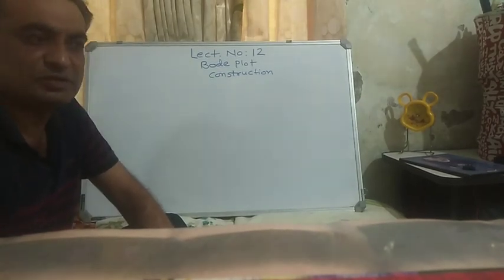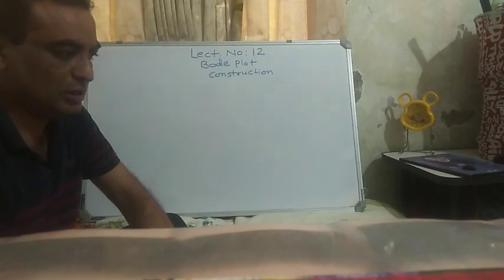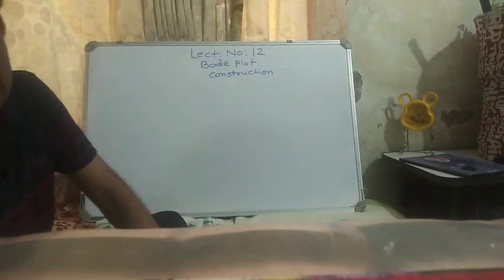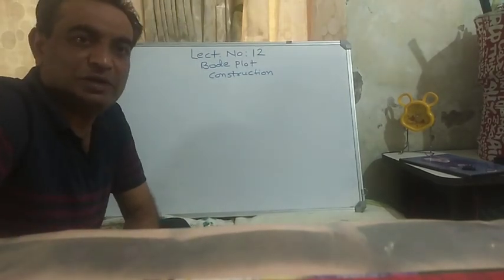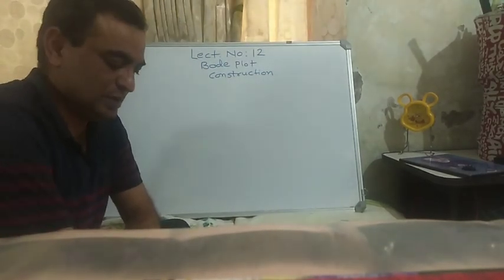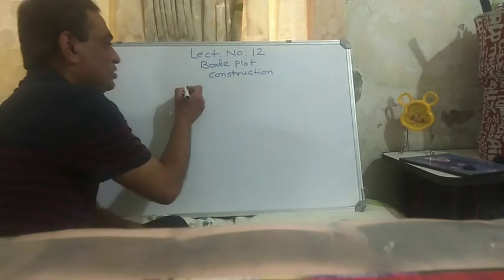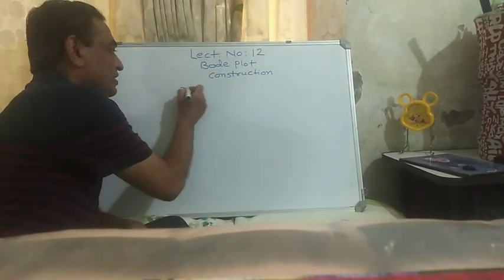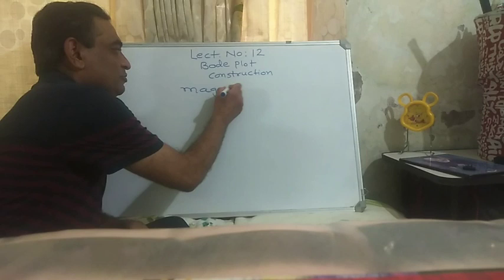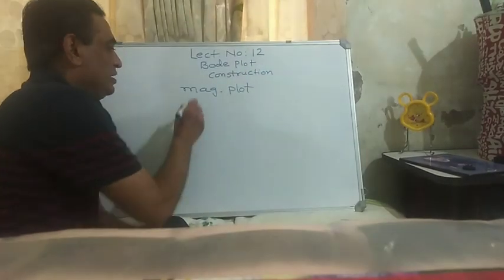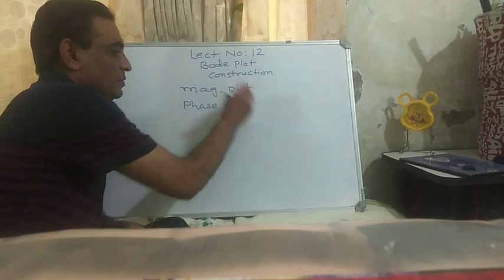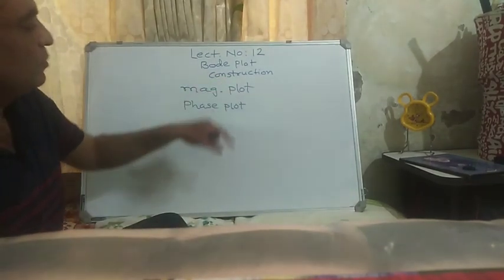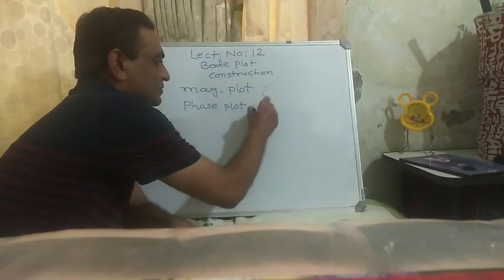As all of us know, the Bode plot is actually a combination of two plots, the magnitude plot and the phase plot. So there are two plots under the Bode plot. One is the magnitude plot and another is the phase plot. And the common thing between both the plots is the frequency.